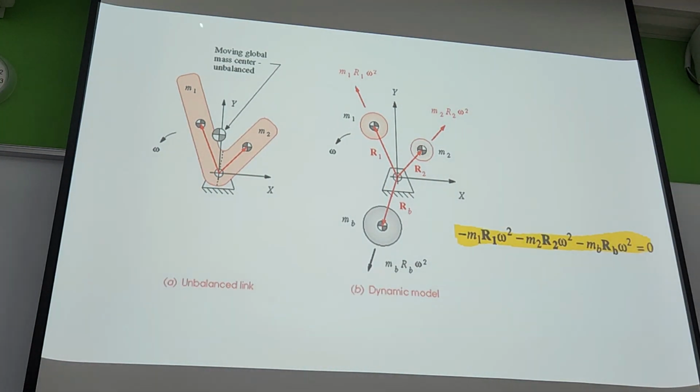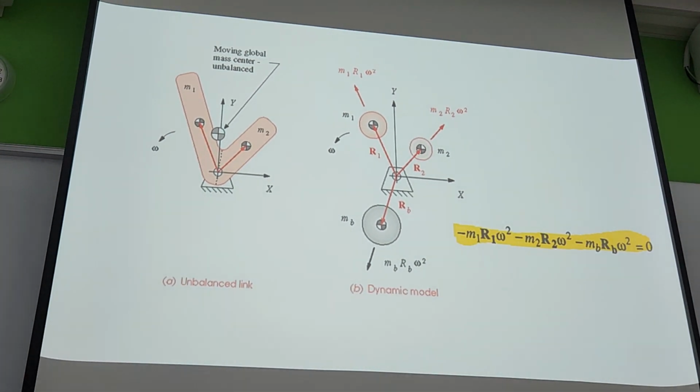So how do you do the sum of the forces here? Now what is the force acting on link 1? Force is mass into acceleration, right? So here the acceleration is the normal acceleration. Normal acceleration is r into omega square. So we can write v squared by r.